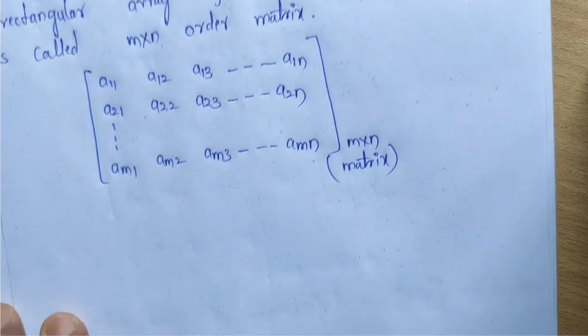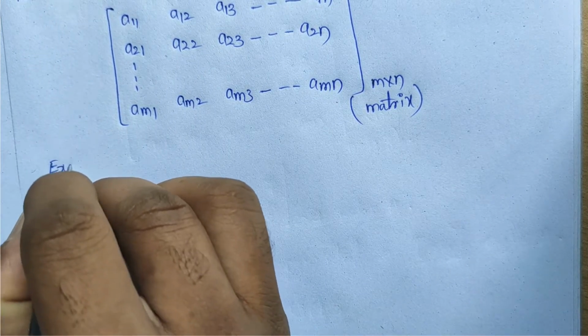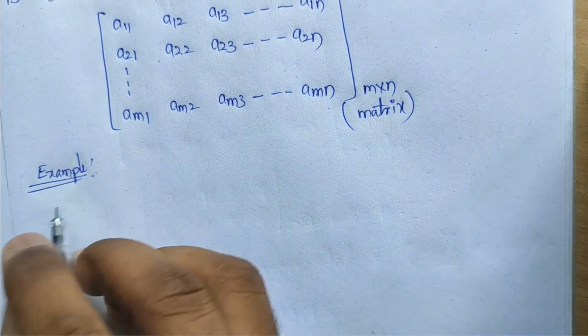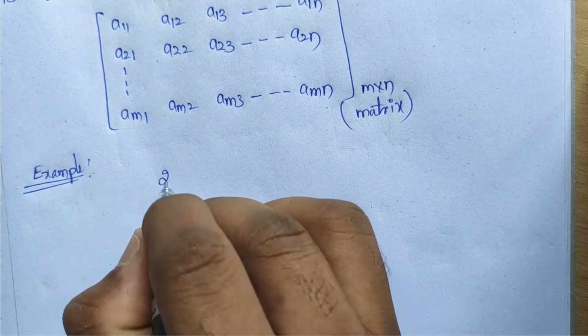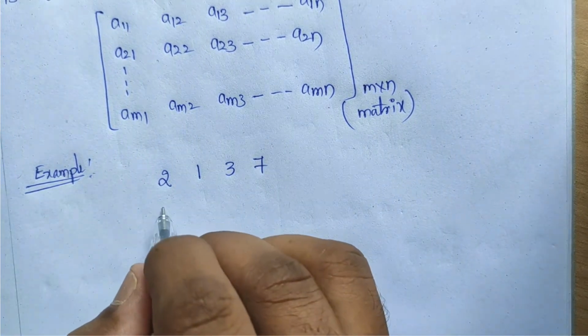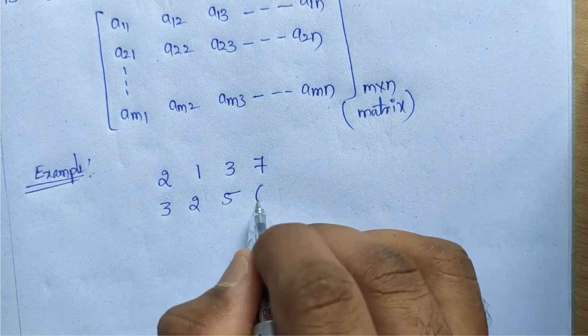And example, take down one example. The first row 2, 1, 3, 7. The second row 3, 2, 5, 6.